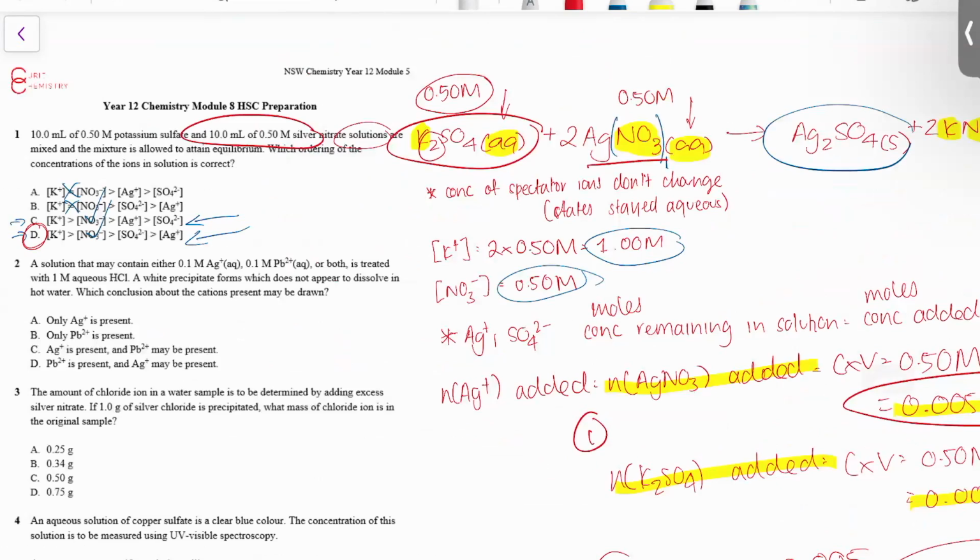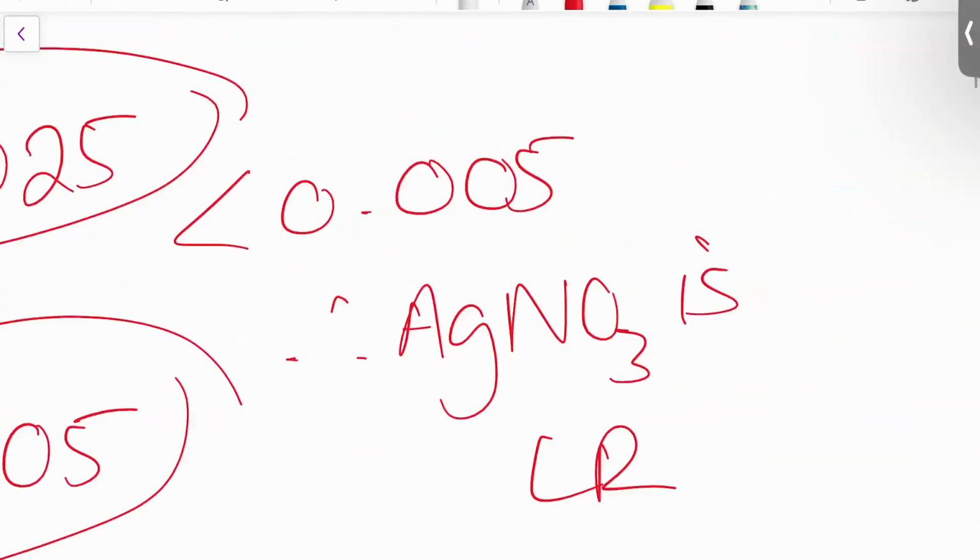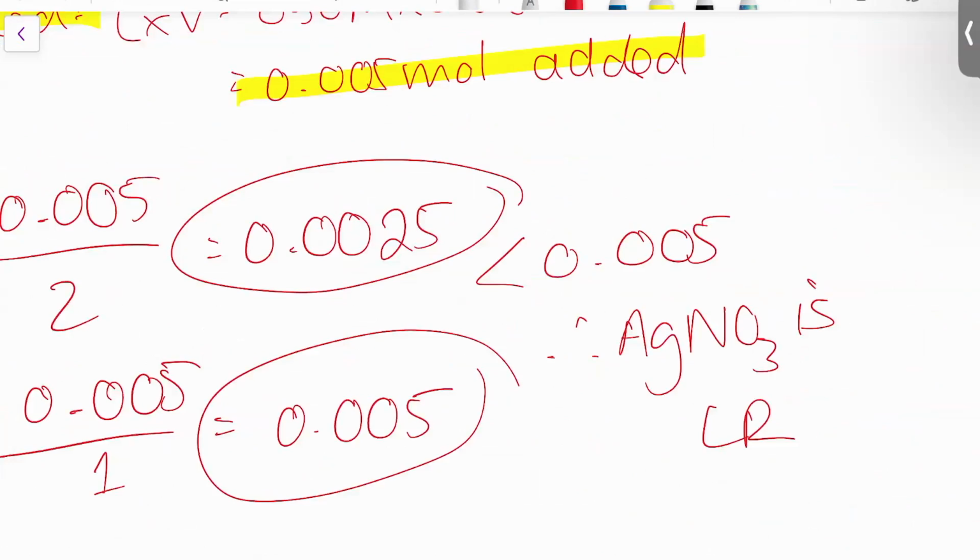Once we've identified what the limiting reagent is, by definition, from year 11, the limiting reagent is the thing that gets fully consumed, which means none of it is left in the same state.